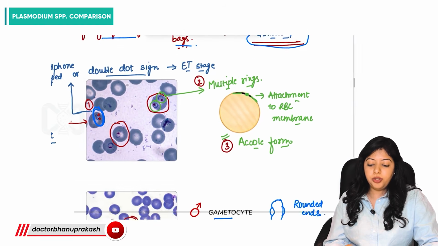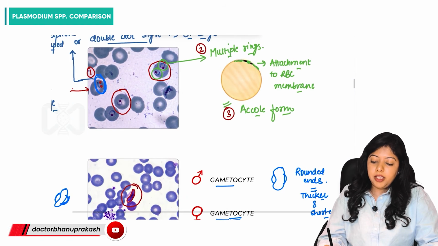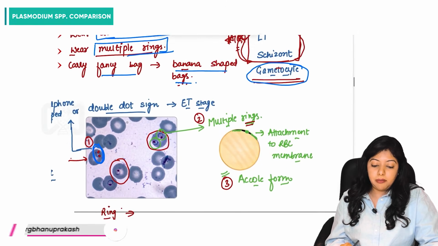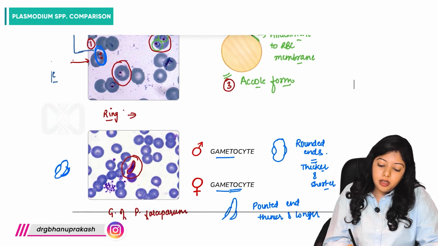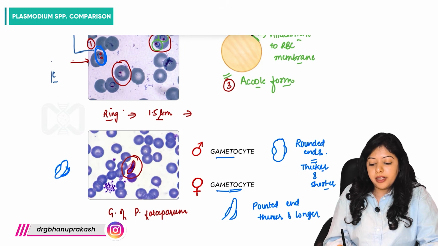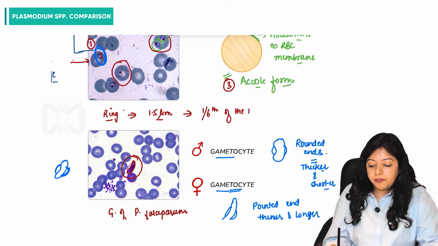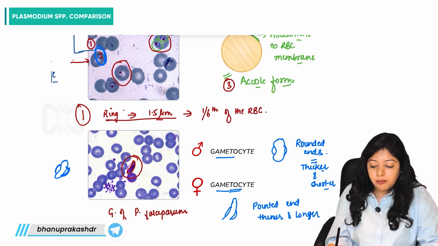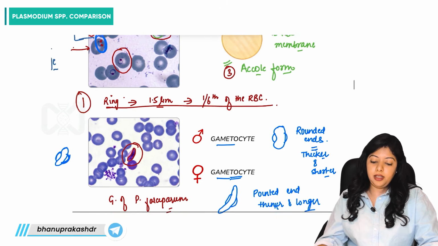Two very important points about Plasmodium vivax and Plasmodium falciparum. Firstly, talking about the ring sizes. When we say ring sizes, so ring size of Plasmodium falciparum, it is about 1.5 micrometer and it is covering 1/6 of the RBC. One thing about the ring size.